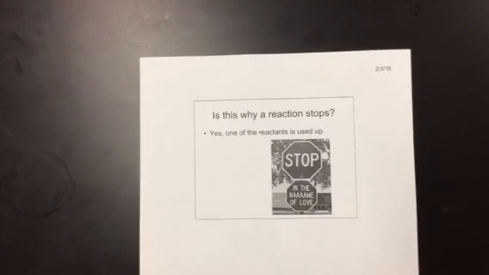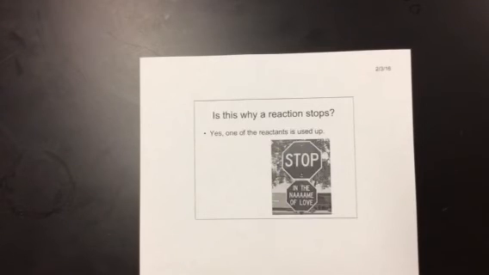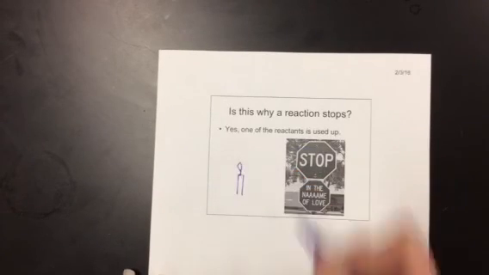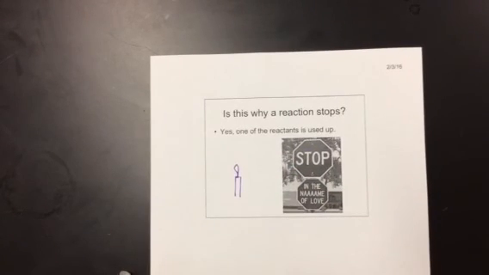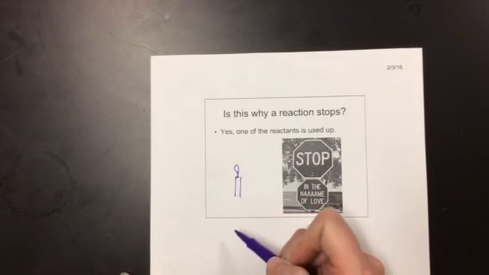So as we're going through a chemical reaction, the reason why a chemical reaction is going to eventually stop is because one of the reactants gets used up. So if you're burning a candle in the classroom, it's combusting the oxygen with the wax that's in the candle.